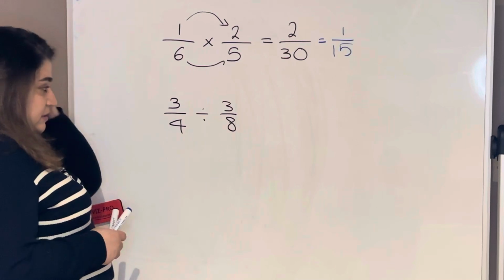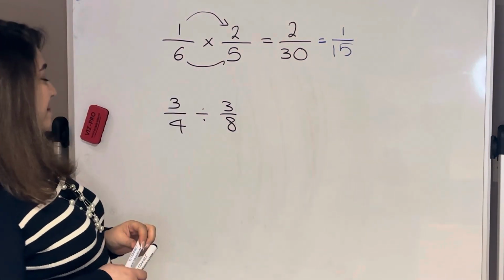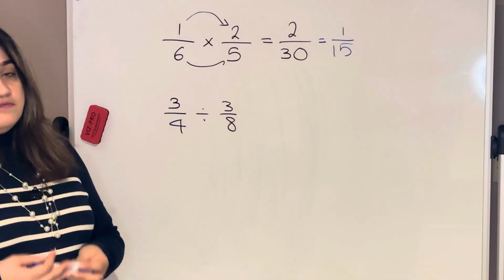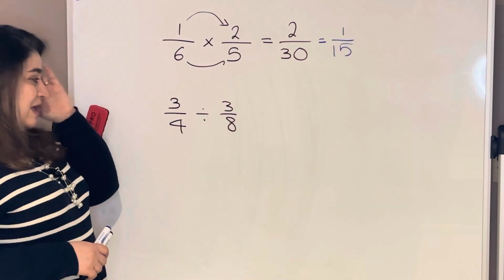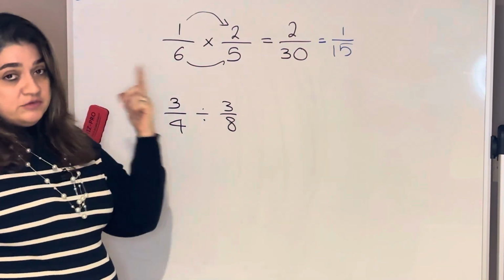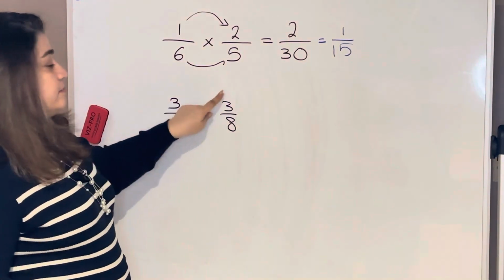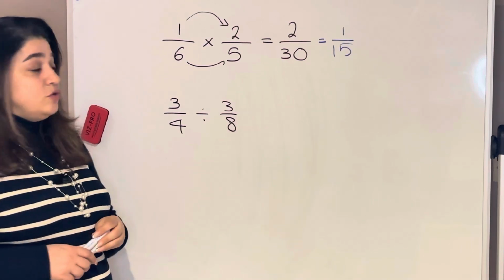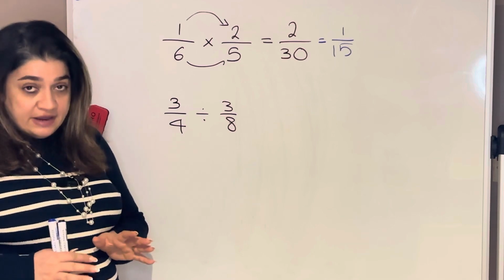The method for division: we can't divide the fractions. It's a very common mistake. Because for times we say times the top and times the bottom, students come and divide the top and divide the bottom. Never ever. We can't do division that way.